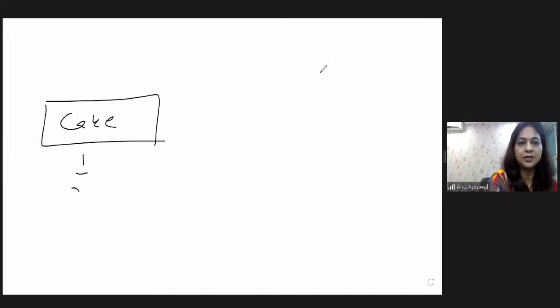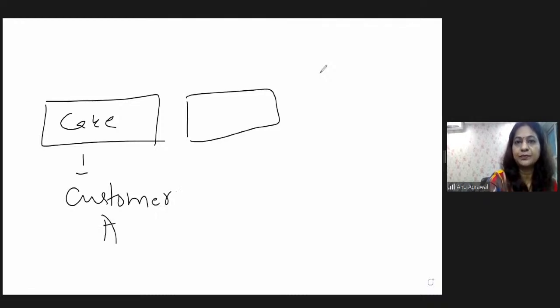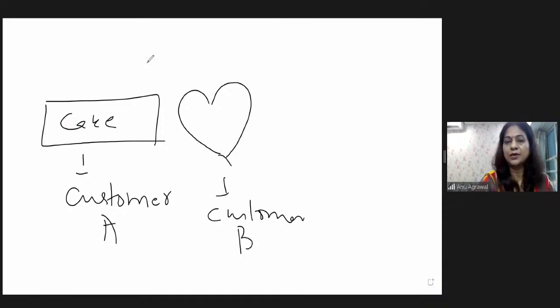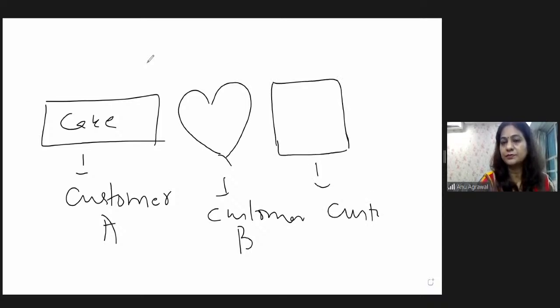This was ordered by customer A. Then the second cake was ordered by Krishna, by you, and it was in the shape of a heart. This was by customer B. Then there was another cake ordered by you, in the form of a square. This was customer C.